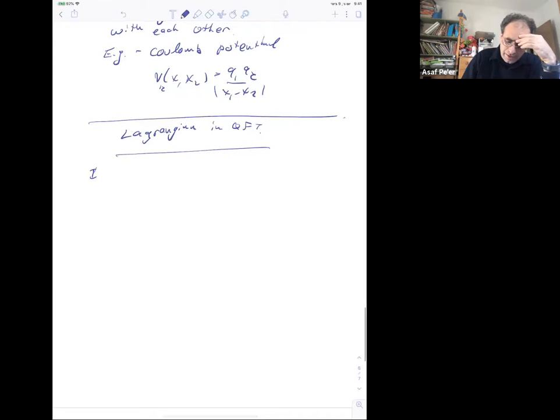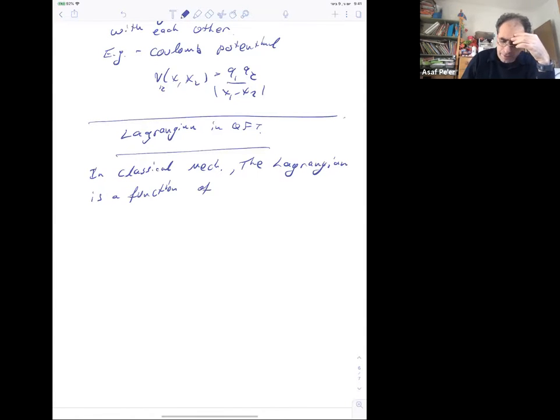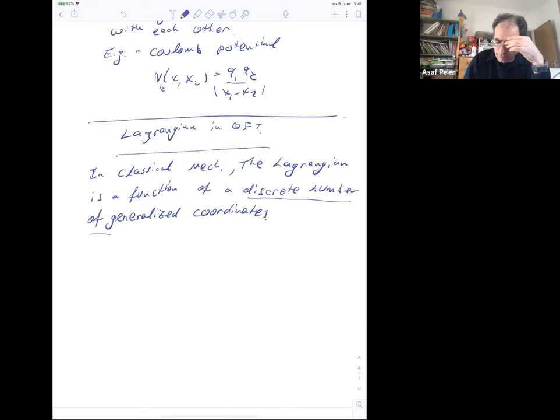So in classical mechanics, the Lagrangian is a function of a discrete number of generalized coordinates, Qi, xi, yi, and zi.